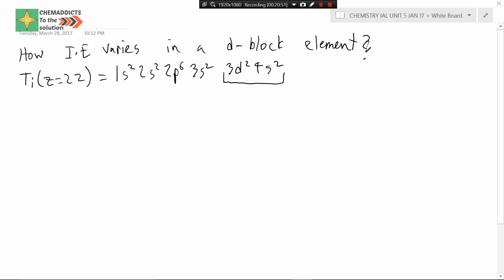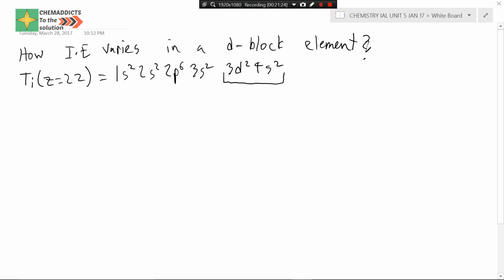So if we remove all the electrons from the 4s subshell, the ionization energy of this subshell will be similar to the 3d subshell's ionization energy. So the ionization energy of these two subshells will be similar. Let us look at why.